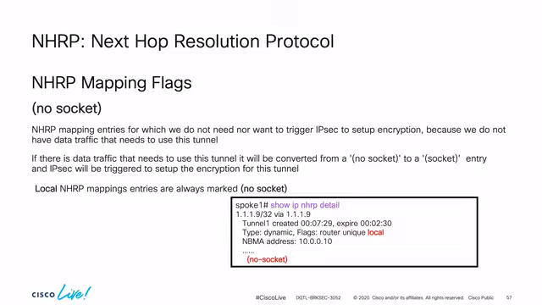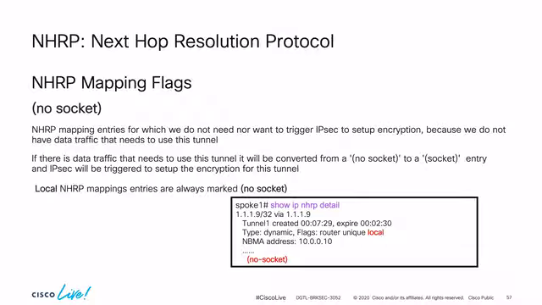Remember when we were talking about the encryption module, we were talking about the relevance and the importance of the socket. A crypto socket needs to be activated, and it needs to be set to the open mode for the IPsec tunnel to be built. So basically, these NHRP mapping entries are local. So these entries can also be turned from a no socket to a socket entry in case we do have data traffic which will go ahead and bring up the tunnel.